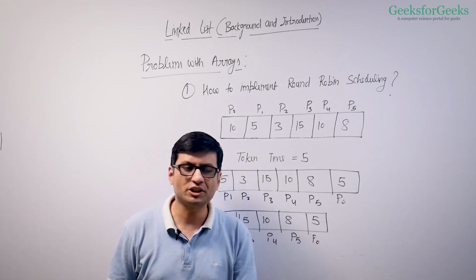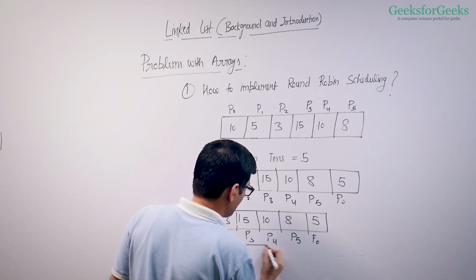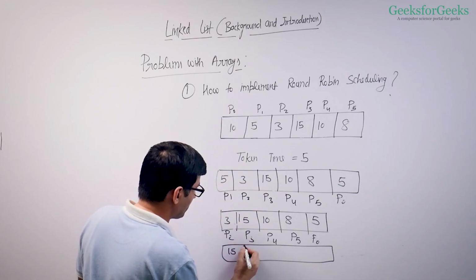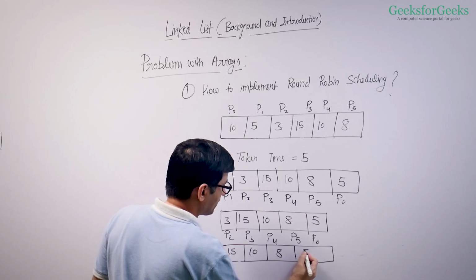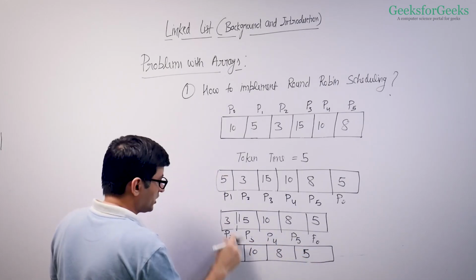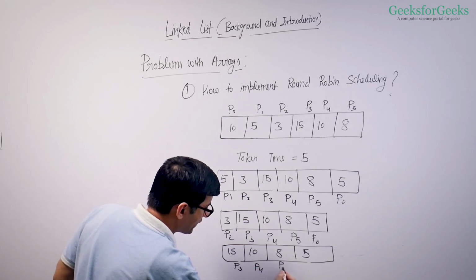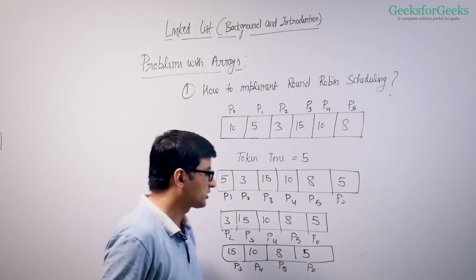So P2 finishes and P2 also goes out of the ready queue of the processes. So we have 15, 10, 8 and 5. So this is your new ready queue of the processes, P3, P4, P5 and P0.